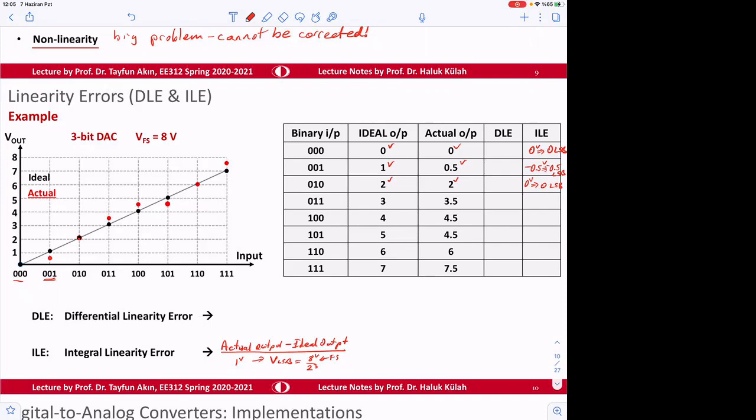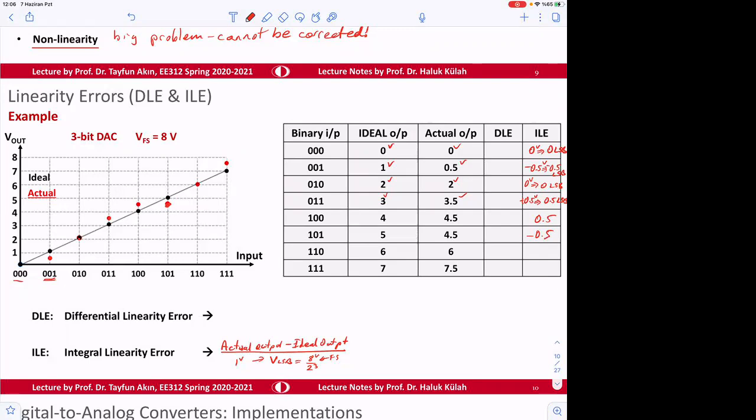Okay, so we can calculate here. It gives 3.5 volts. It's supposed to be 3 volts. So this is going to be plus 0.5 volts, therefore it's going to be 0.5 LSB. The mistake is written in terms of LSB. So here it's going to be 0.5, and this is going to be minus 0.5. It doesn't have to be with this precision.